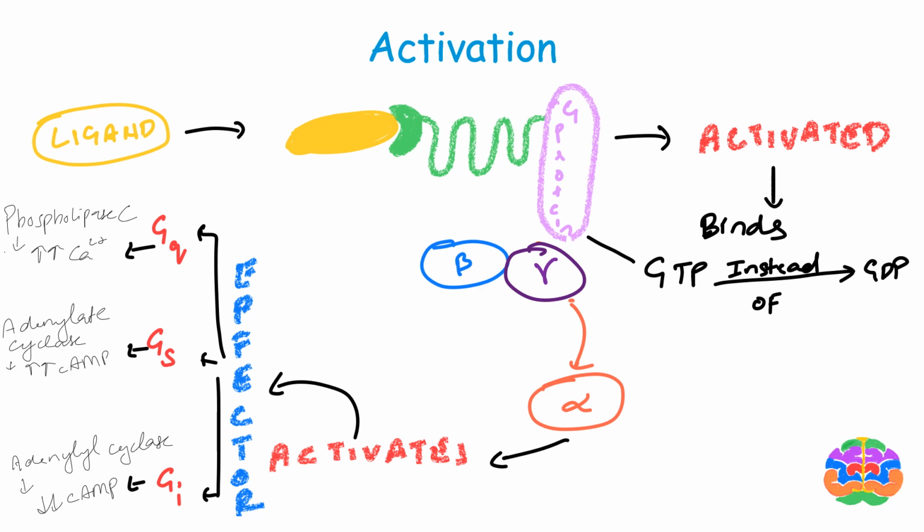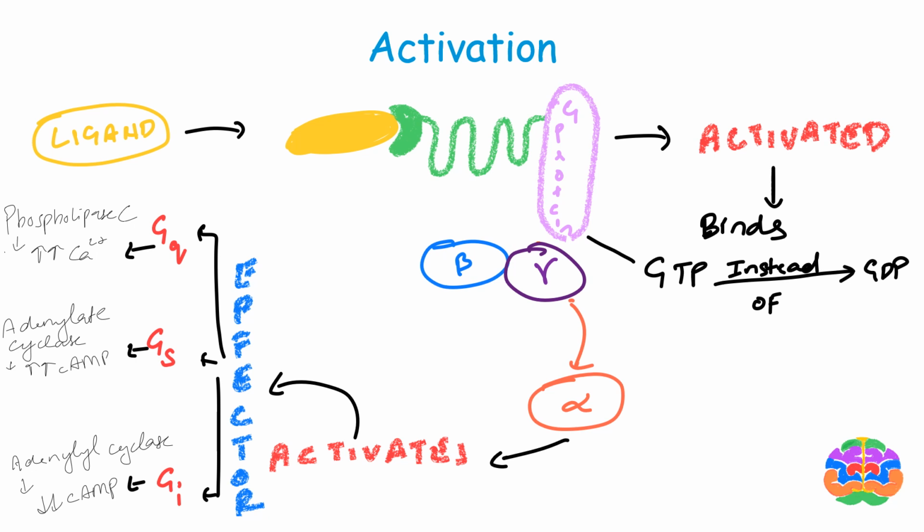That is, the receptor is now activated. The receptor binds to the G protein intracellularly. Now the G protein gets activated and binds GTP instead of GDP. So the alpha subunit gets activated now and it dissociates from the beta gamma complex.